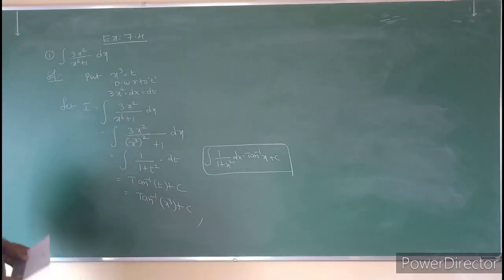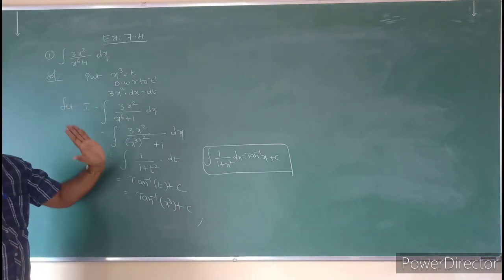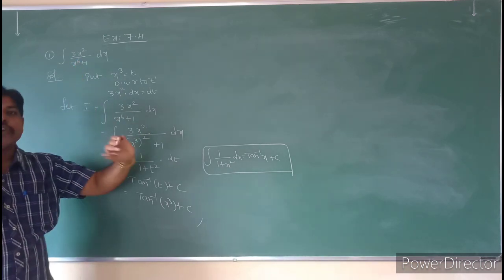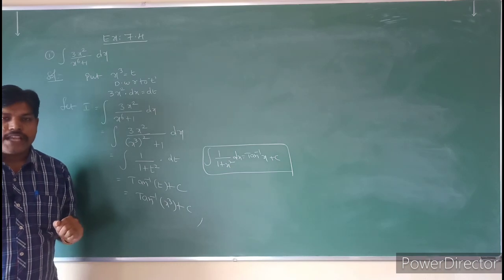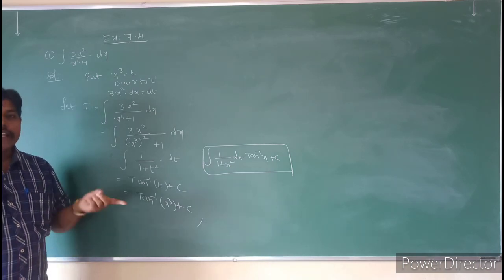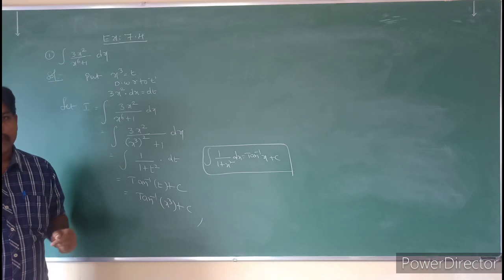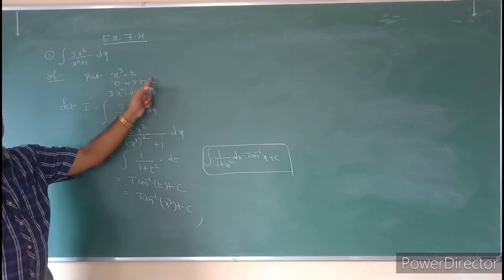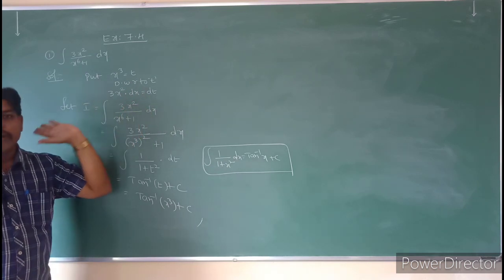So see students, first what we have to understand is that x power 6 I can write as x cube whole square, and the x cube derivative is 3x square. So first I have taken x cube is equal to t, and 3x square into dx will become dt.